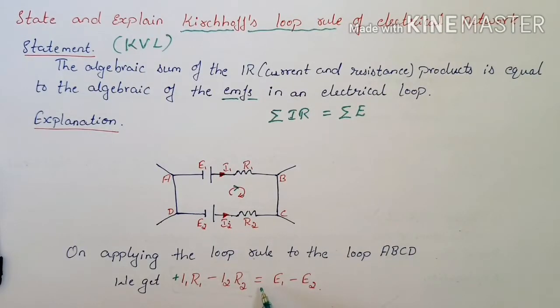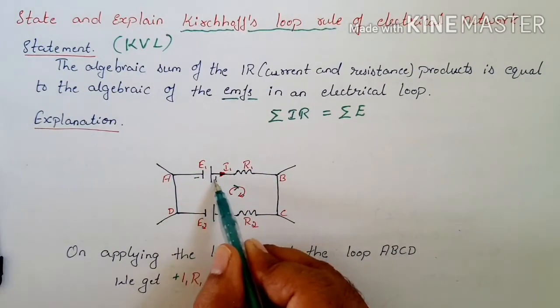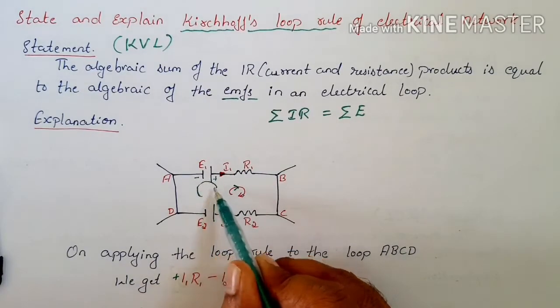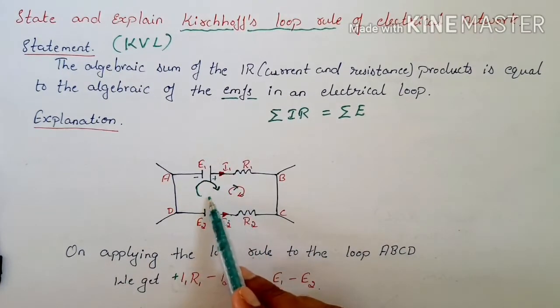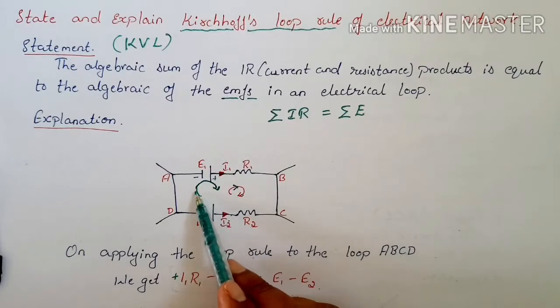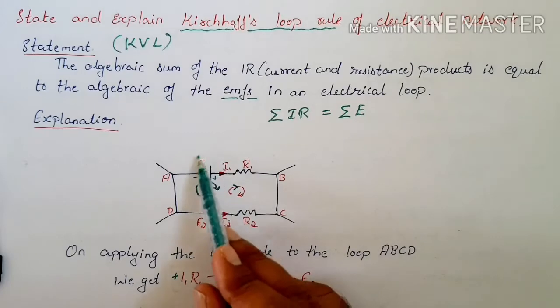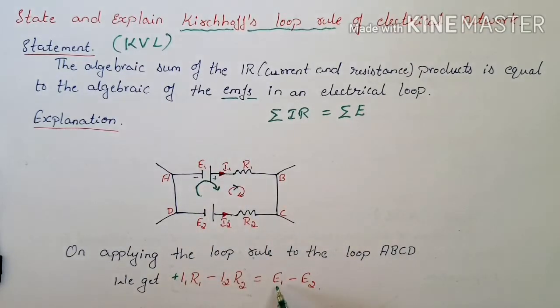That is equal to the algebraic sum of IR products, which equals the algebraic sum of EMFs. To find out whether the EMF is positive or negative, again consider this arrow mark. This is the negative of the cell, this is the positive of the cell. If the arrow mark direction goes from the negative to the positive of the cell, like the clockwise arrow I wrote here, then that EMF should be considered positive.